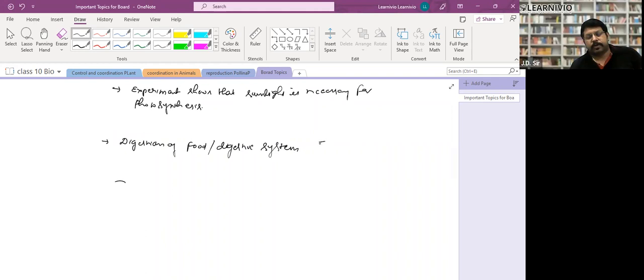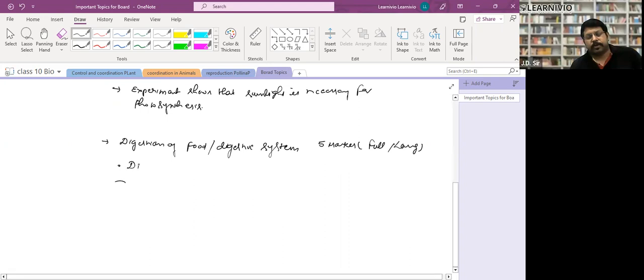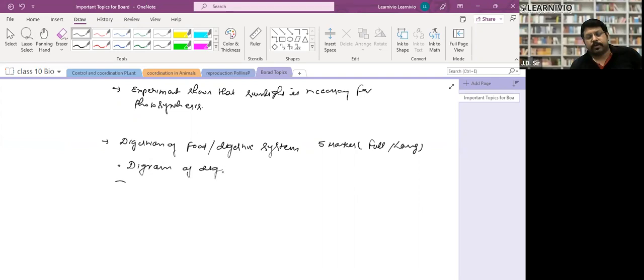That can be a 5 marker question, means full mark question, right? That can be a long answer, right? And one more thing they can ask you is to draw a diagram of the digestive system even. So they can ask you a diagram of the digestive system.